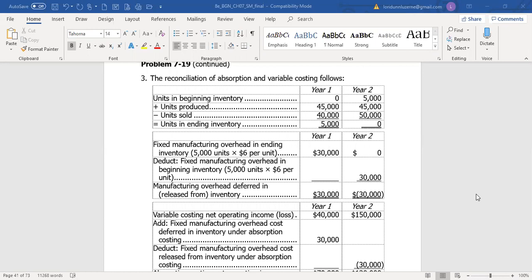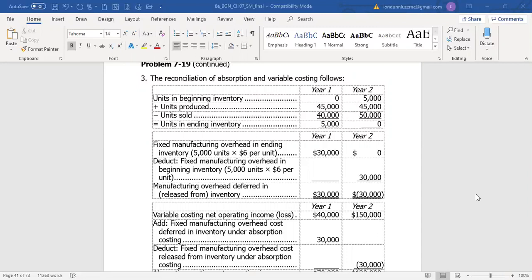Okay, so how much fixed manufacturing overhead is in the absorption? Remember, the absorption includes fixed overhead and variable. So we're saying, well, how much was fixed? 5,000 units that are left in ending inventory times $6 per unit.